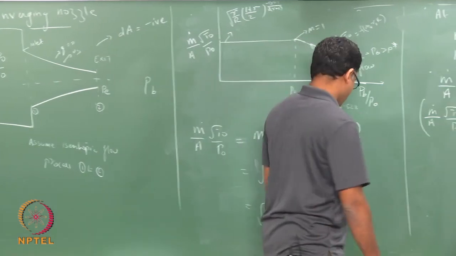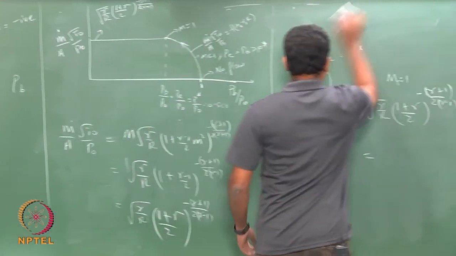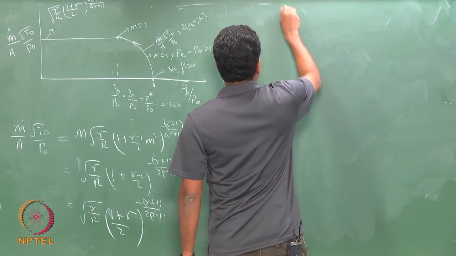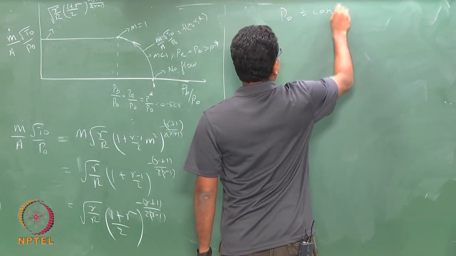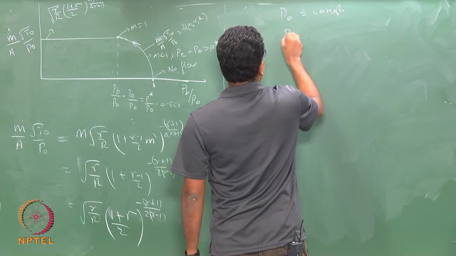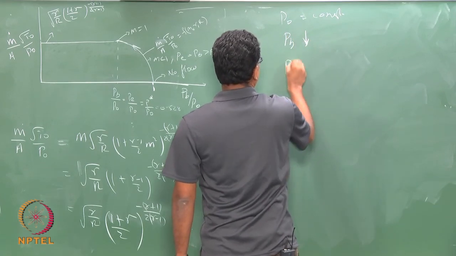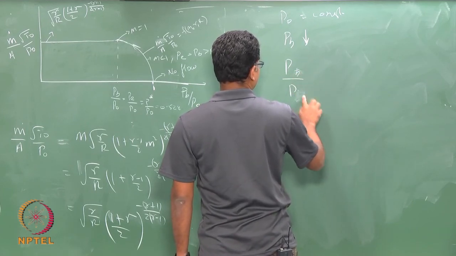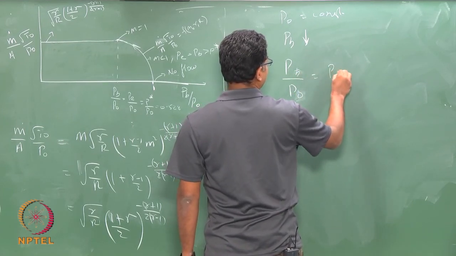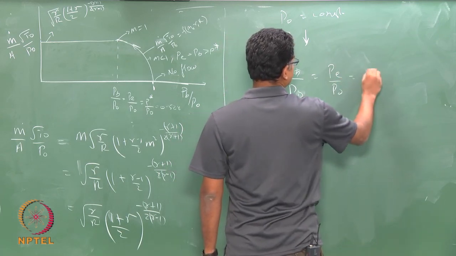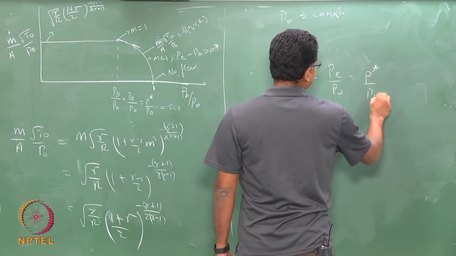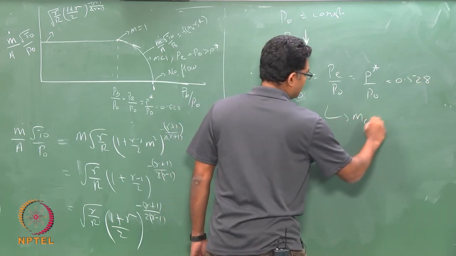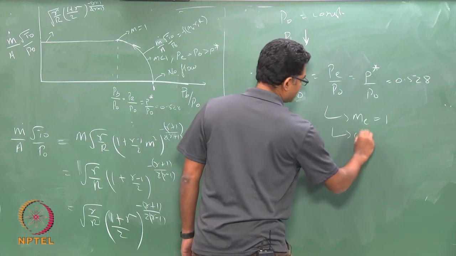Okay, so the message from today's class: we have kept P0 constant, and PB kept on decreasing. So when we reach PB by P0 equals P exit by P0 equals P star by P0, you reach M equals 1 at the exit, which is also your choked condition.